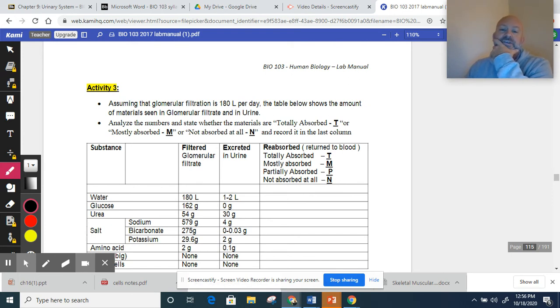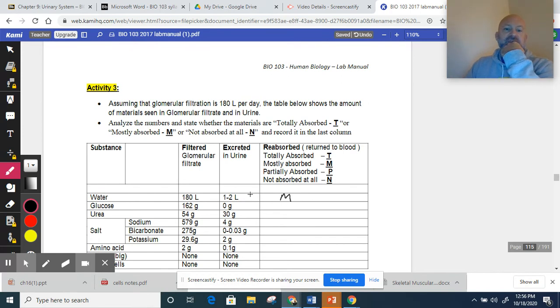No, because most of that water, as it's removed from your blood, just gets put right back. All right. So how much? Well, 180 liters were removed. 2 of that actually leaves as urine, but most of that gets put back. So we're going to get mostly absorbed. I'm going to put an M here because M means mostly absorbed.